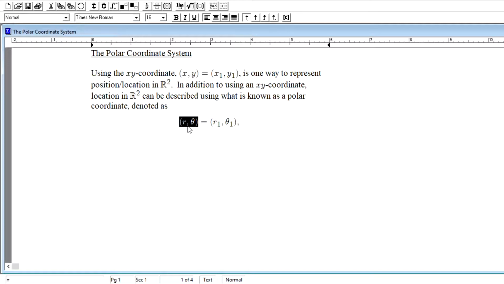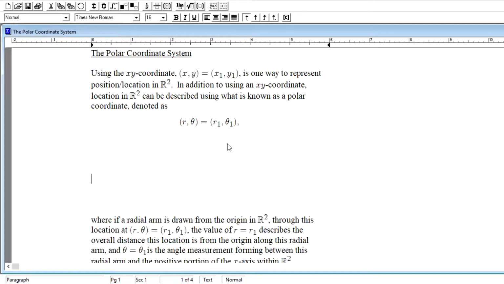It is also a two-parameter description of location. Specifically we might say we have r comma theta equal to r1 comma theta 1 as our description of a polar coordinate. What do I mean by this parametric description of location given by r comma theta?